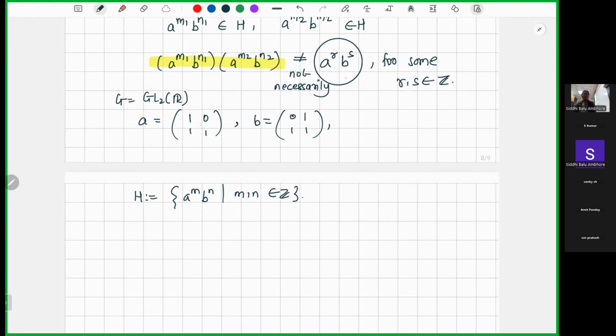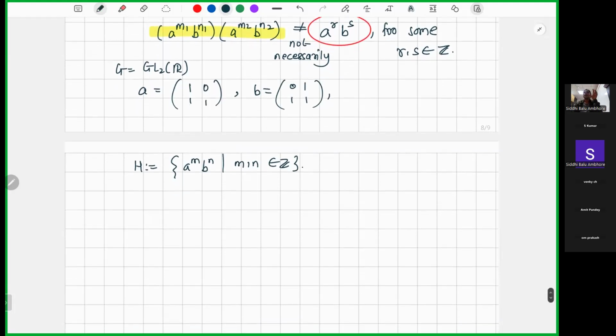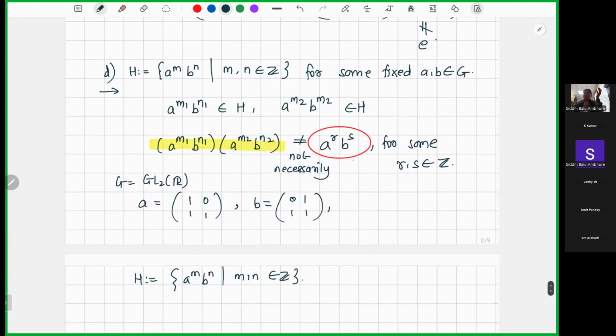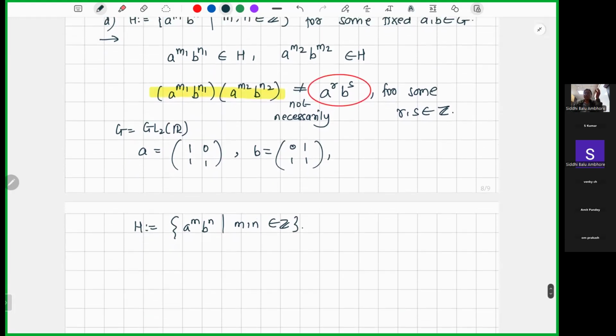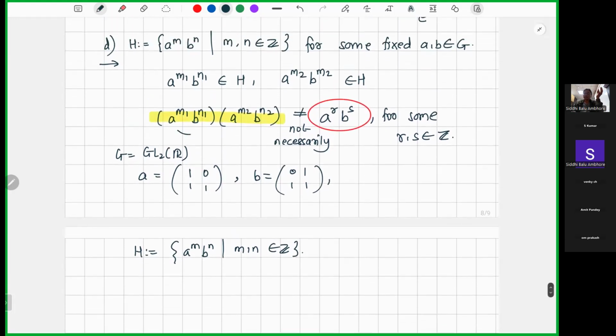This won't always happen. We can have sufficient powers or some better matrices where this need not hold. We might not be able to express this in this form.